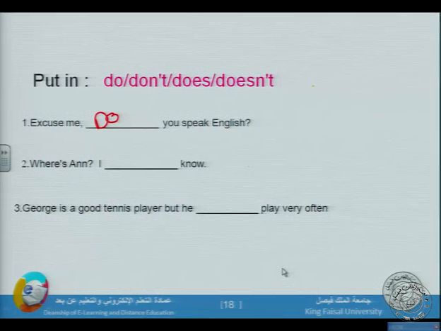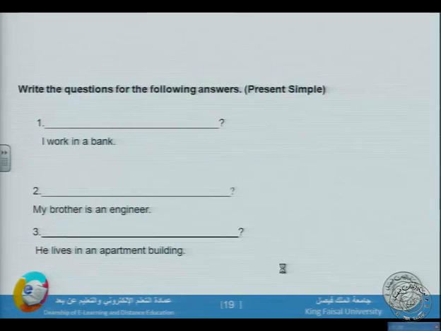Okay, do you ما حكينا does لأنه you تاخذ do. Where is Anna? I don't know. George is a good tennis player, but he doesn't play. لاحظوا play ما جاءت فيها S.